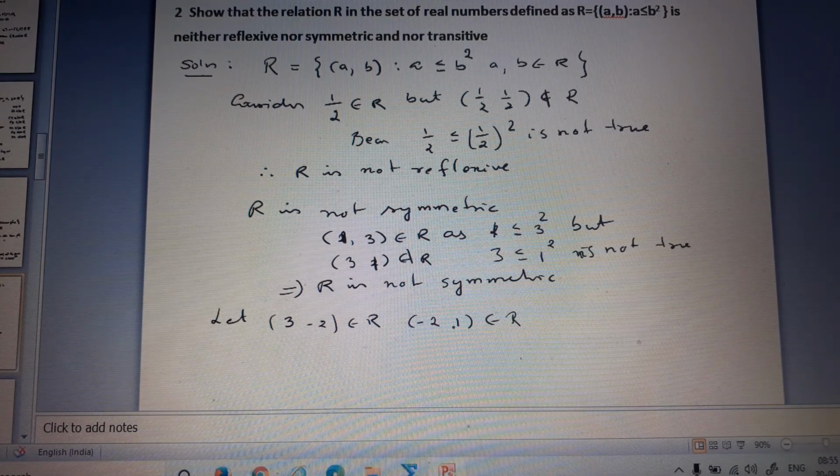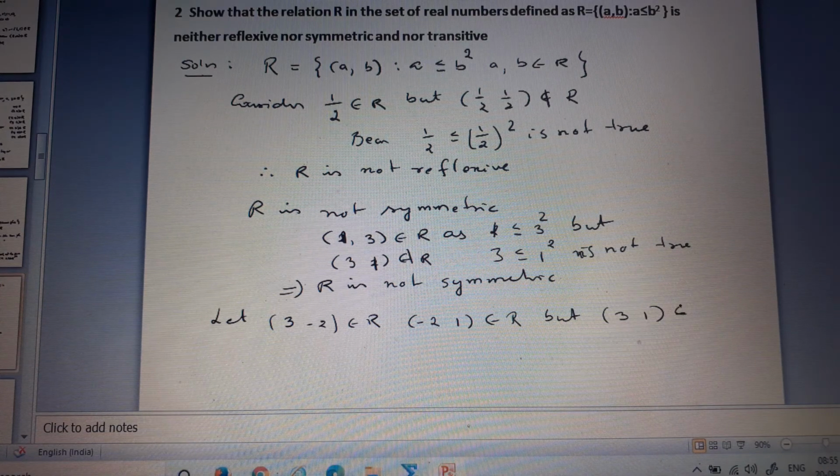But now these two both are in R. I am repeating once again. 3 is less than or equal to 4. Correct, because minus 2 square. Similarly here, minus 2 is less than or equal to 1 square. This is also correct. But what about this one? 3 and 1 if you take, because this is (x, y), this is (y, z), if at all it is transitive, (x, z) must be there. That means (3, 1) must be there.